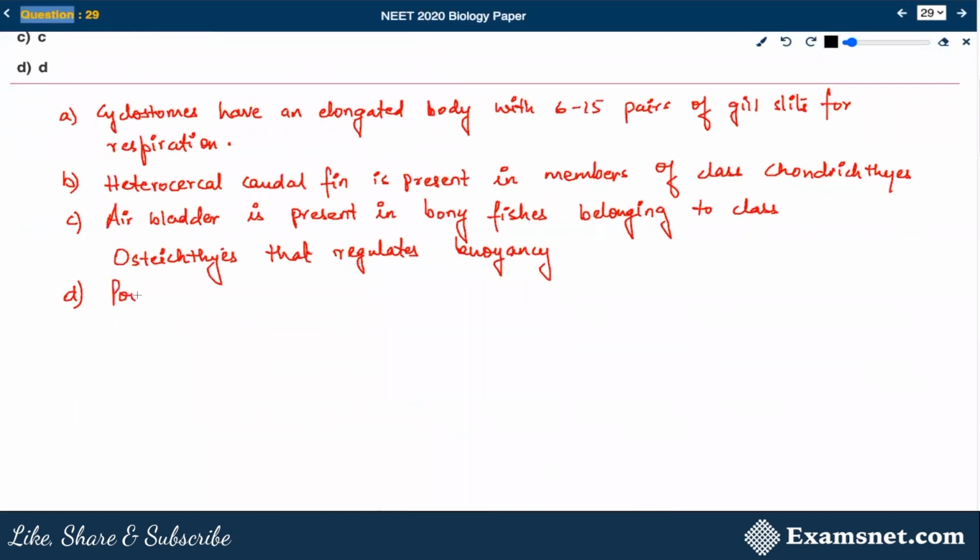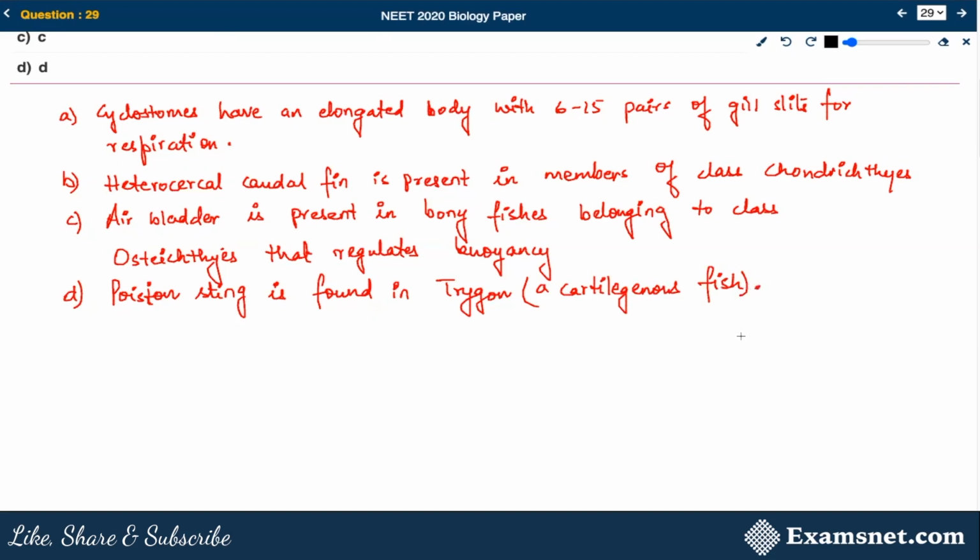So poison sting is found in Trygon, which is a cartilaginous fish. All right, so this is the case.